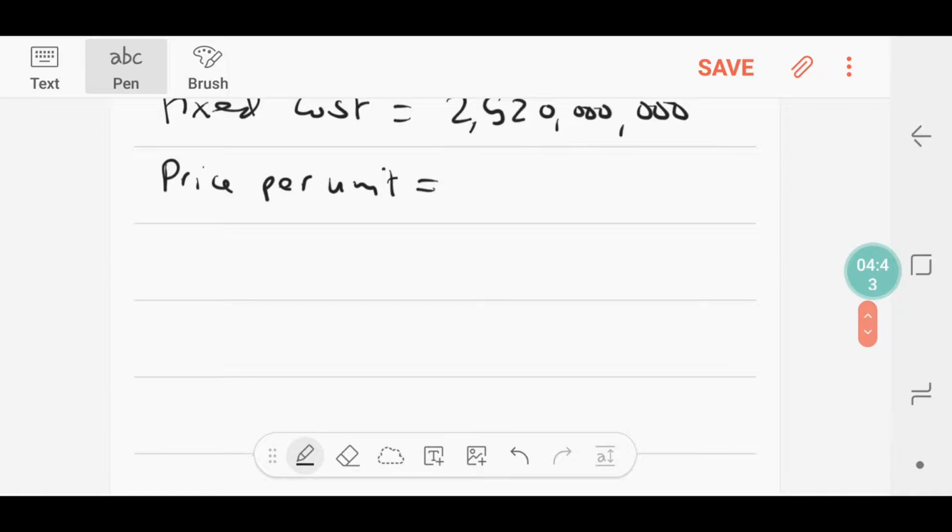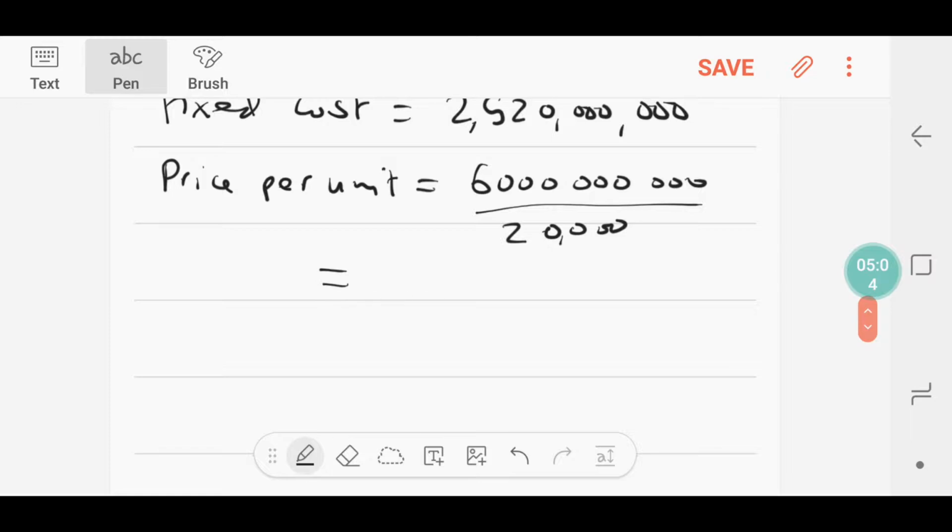So price per unit is calculated by taking the total revenue, dividing it by units, 20,000, and we are getting 300,000 shillings per unit as a unit price.